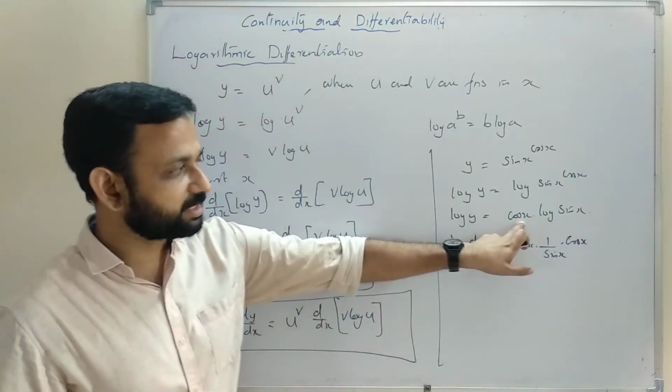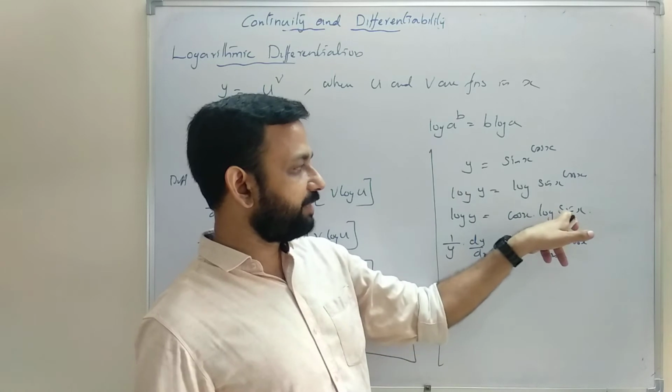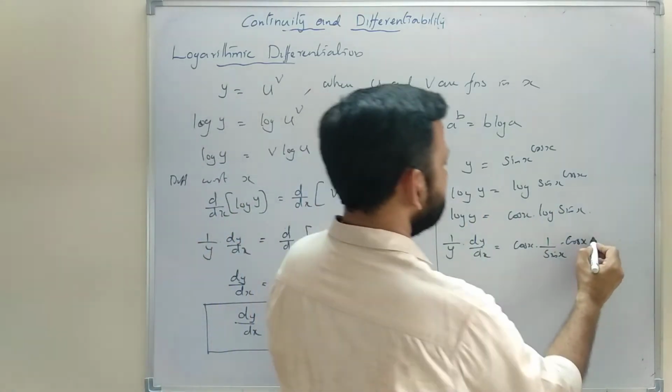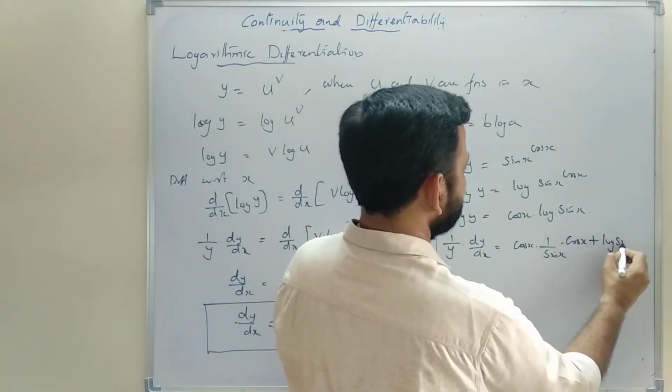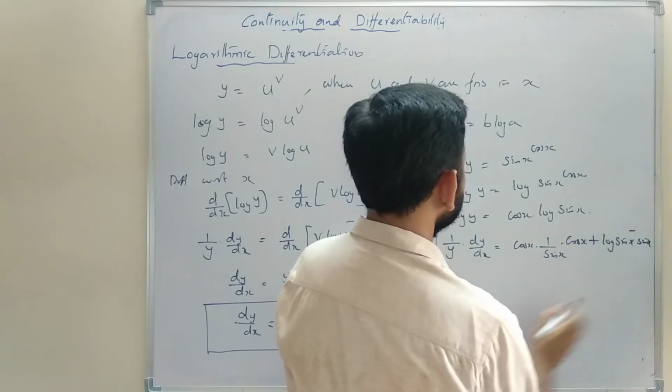Product rule: first function into derivative of second, derivative of log sin x is 1 by sin x into derivative of sin x, cos x, plus second function log sin x into derivative of cos x, minus sin x.